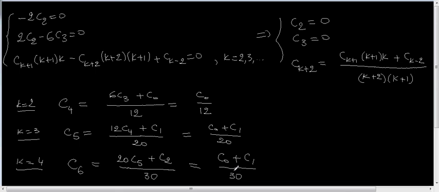Now, when to stop? To know that, we may need to go back to the initial function y as the sum of c_n x^n, replace all the coefficients with their values, and see what we obtain. If we need more, then we may need to come back and continue the process.